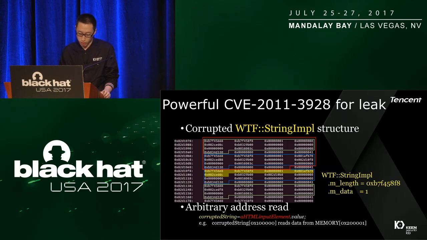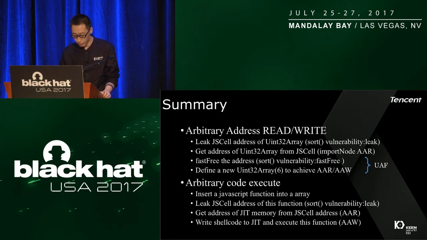In this structure, m_data is always a fixed value 1, and m_length is always a pointer, which is big enough for us to read the whole memory. So it is enough to make an arbitrary address read primitive.